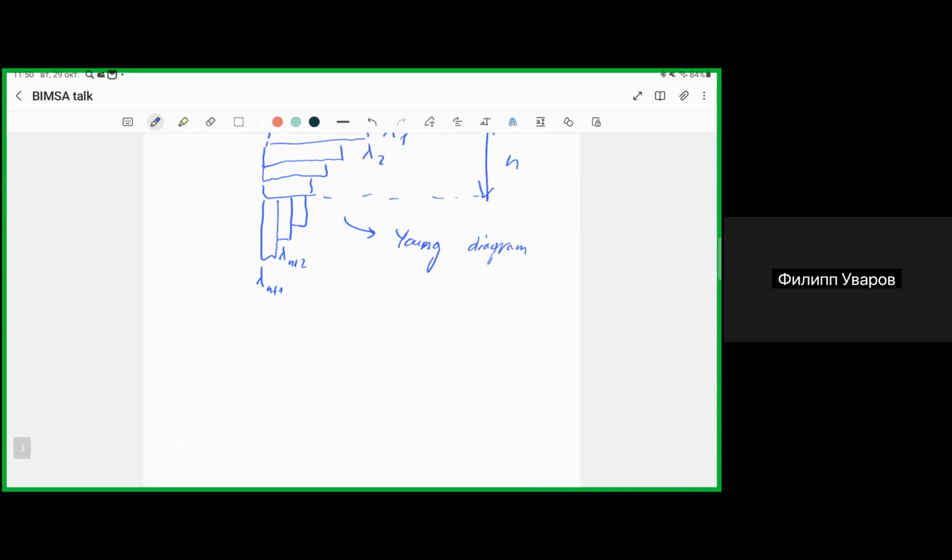So my Young diagram is something universal that gives, in different ways, highest weights of representations. And again, as before, my algebra acts on V lambda, which is some tensor product of polynomial modules.